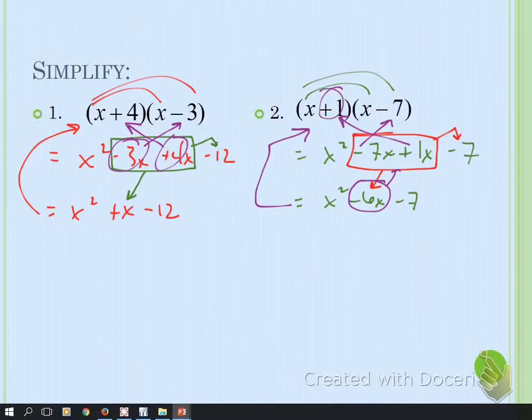Because that's what goes up in here. How do we do that? Well, like we said, negative 7 and 1 are factors of this last term, and they add to this middle term. That's how we create those two numbers in the parentheses. And that's our trick.